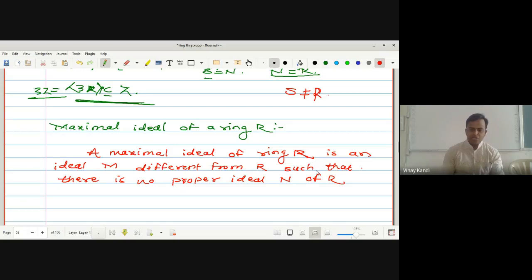And such that there is no proper ideal N of R properly containing M.